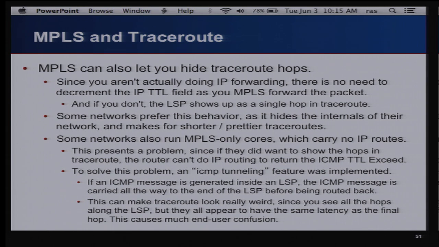There's people that do this intentionally because there's a lot of customers who are running Windows boxes with traceroute TTL set low, and so if you have a big complex network with a lot of routers, you might not even be able to have your ordinary end customer get all the way across your network. Some people do it for secrecy. Some people just choose to turn that feature off. And it's actually more work. You technically have to turn a feature on to enable TTL decrement inside of an LSP, because that's not normally part of the operation.